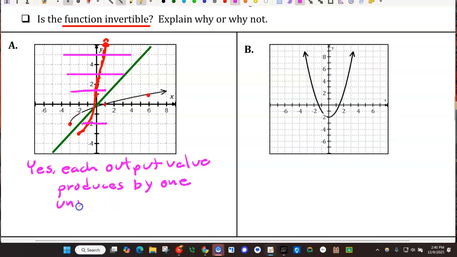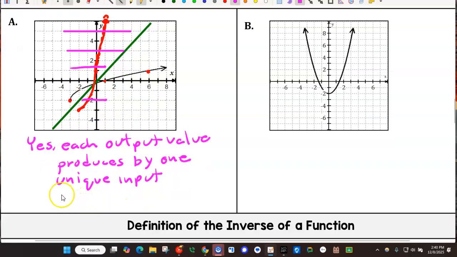We'll just use it over and over and over. And again, another way of thinking about that is a horizontal line test. So this tests to see if your inverse function is valid or not. If it doesn't pass that, then we've got a problem.